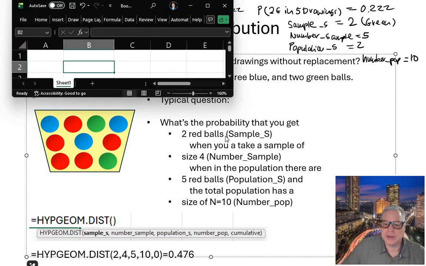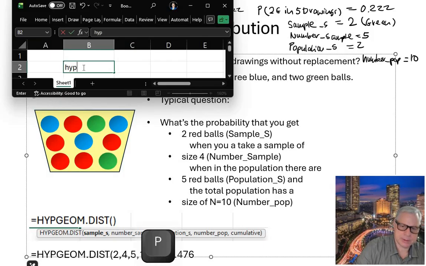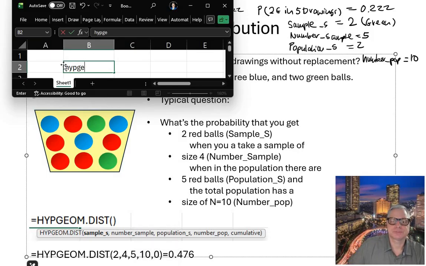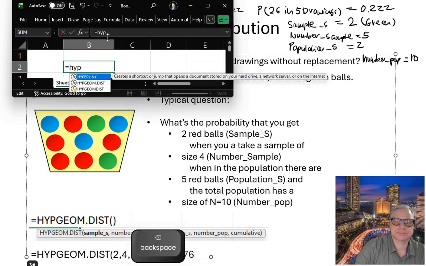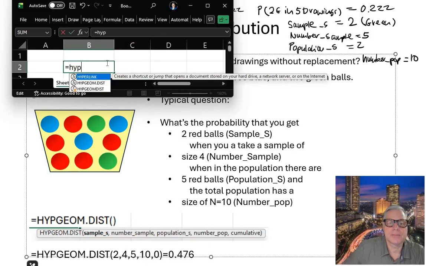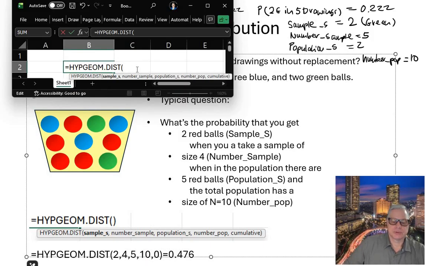So we would say equals HYPGEOM.DIST. We want 2 red balls in a sample of 4.